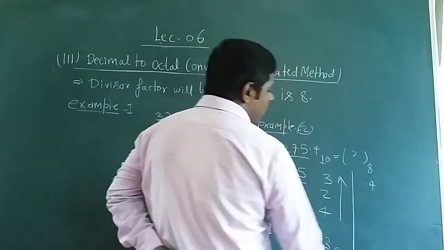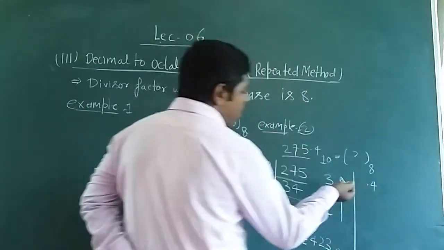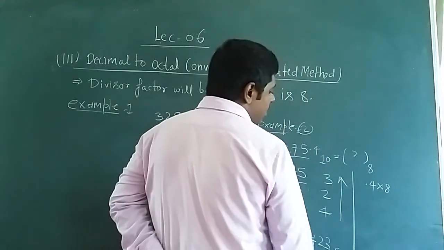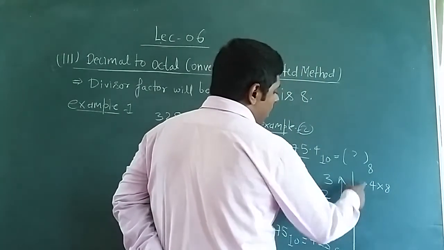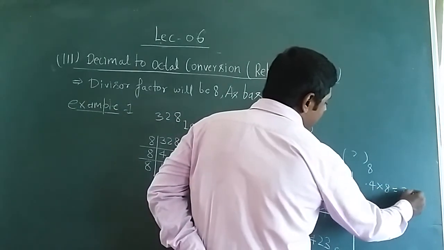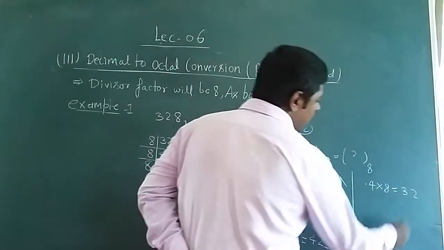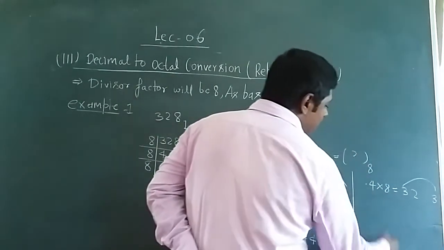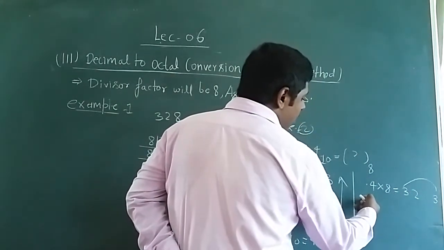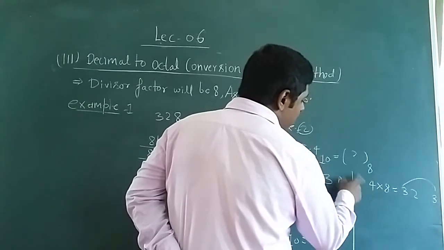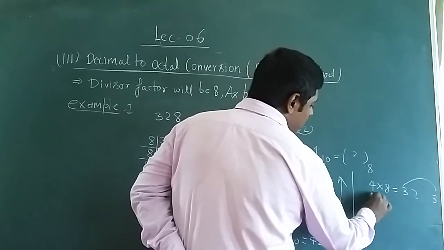What I am going to do is multiply this number by 8, and I will get 3.2. This 3 I will write here, and 2 I will bring here.